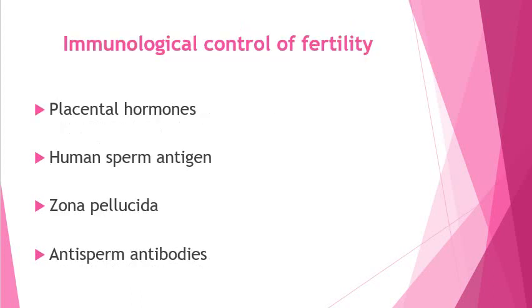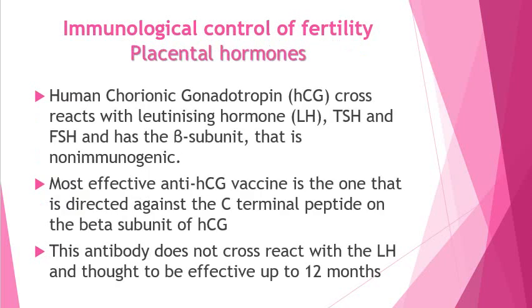So now immunological control of fertility involves placental hormones, human sperm antigen, zona pellucida, and anti-sperm antibodies. Among the placental hormones, human chorionic gonadotrophin cross-reacts with luteinizing hormone, TSH and FSH, and has a beta subunit that is non-immunogenic.